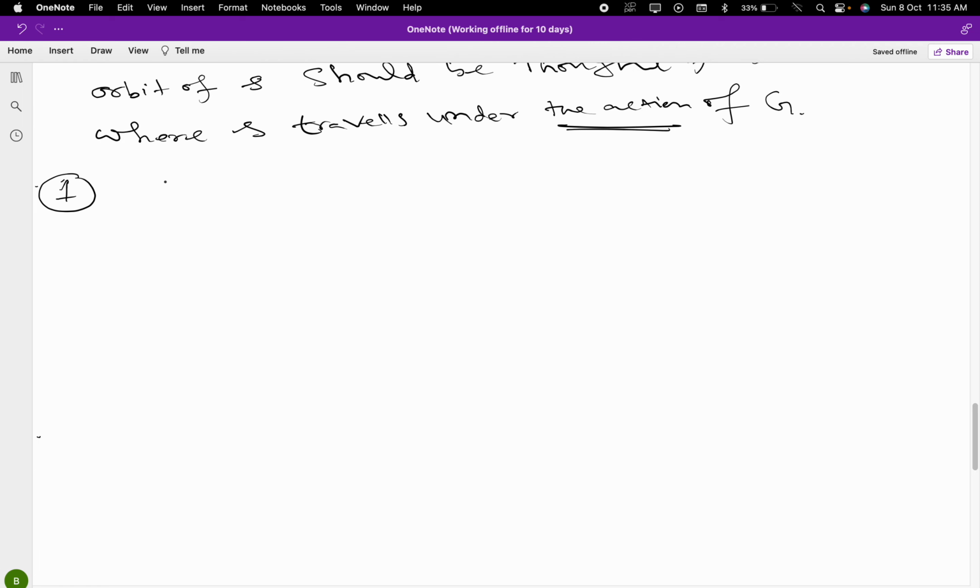Sorry, this should be capital S. I have just shown that this group G acts on S by the action defined earlier: for any sigma in Sn and any i in S, sigma dot i goes to sigma of i, which is of course an element of S. This is a well defined map, right?